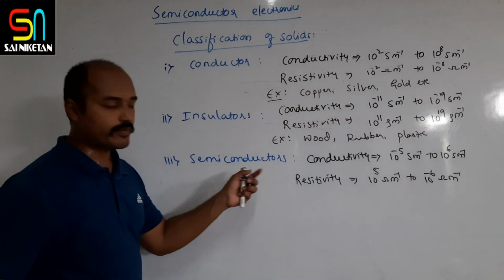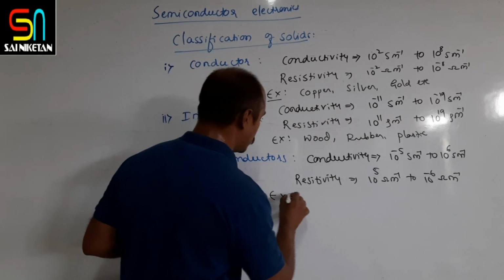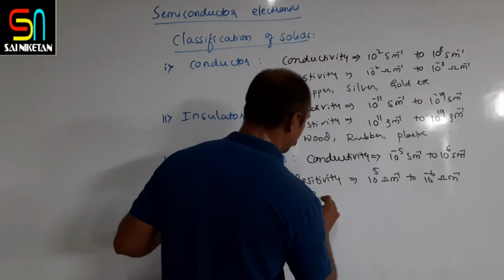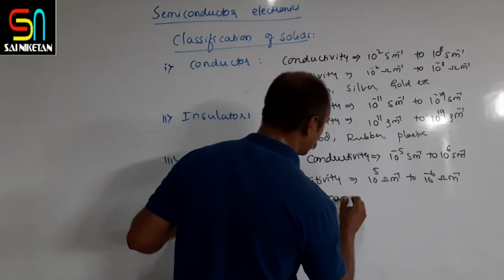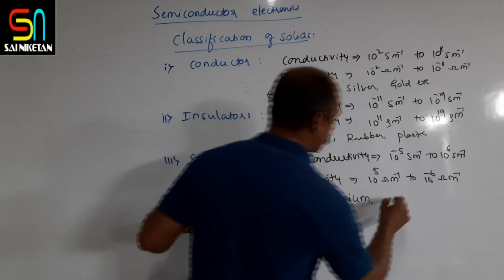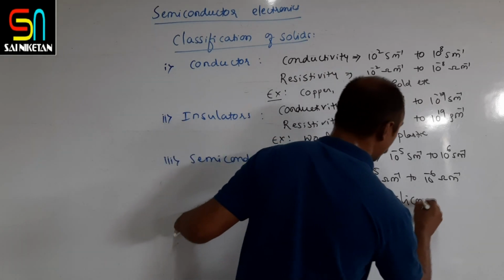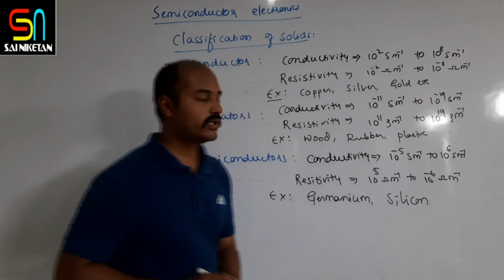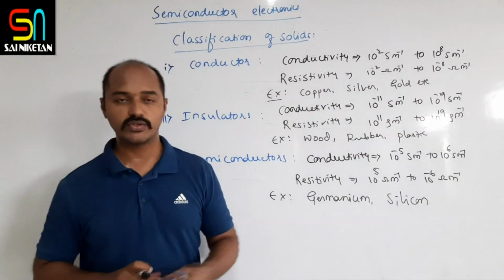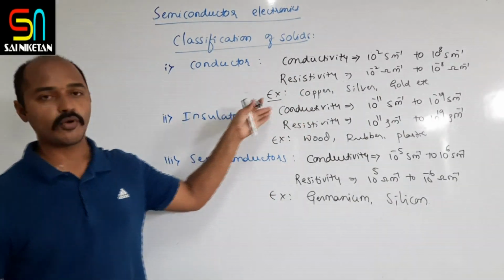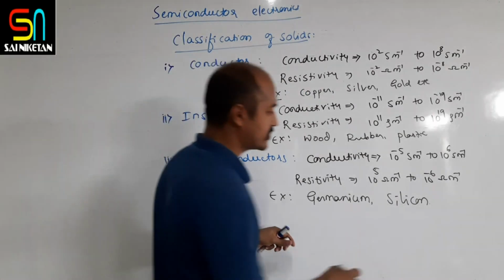And for the semiconductors, germanium and silicon are the best examples. So this is the classification of solids depending upon their electrical properties.